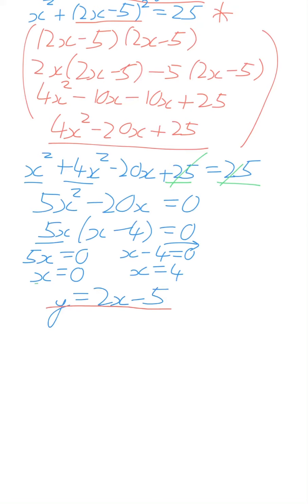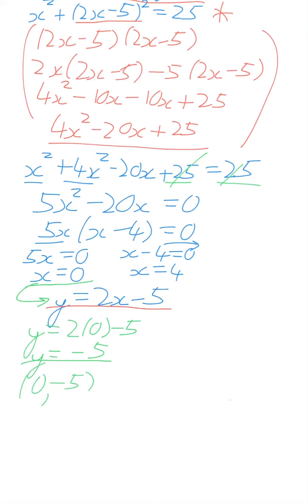So let's sub in 0 first. So we have y is equal to 2 times 0 minus 5. So y is equal to minus 5. So our coordinates for this one are 0, minus 5.